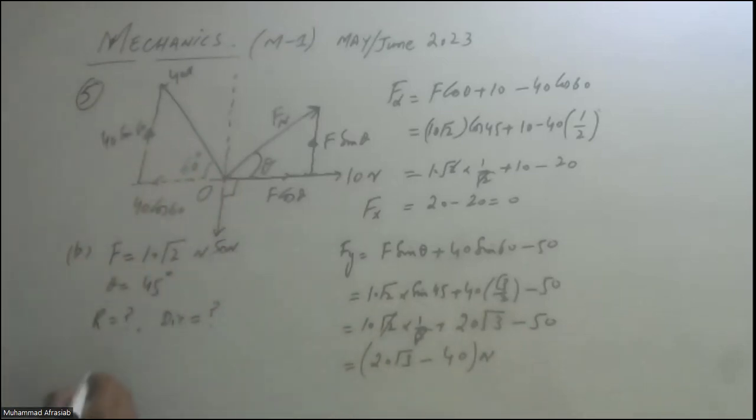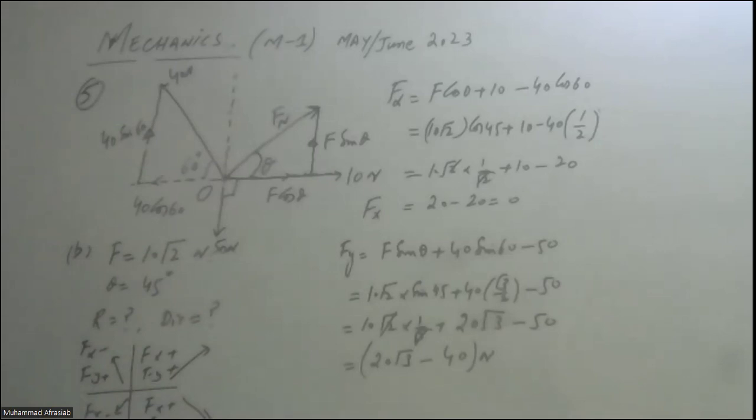We know one thing: if Fx and Fy are both positive, then the resultant is in this direction. If Fx is negative and Fy is positive, then it is in this direction. When Fx and Fy are both negative, then they are in this direction. And when Fx is positive and Fy is negative, then it is in this direction.